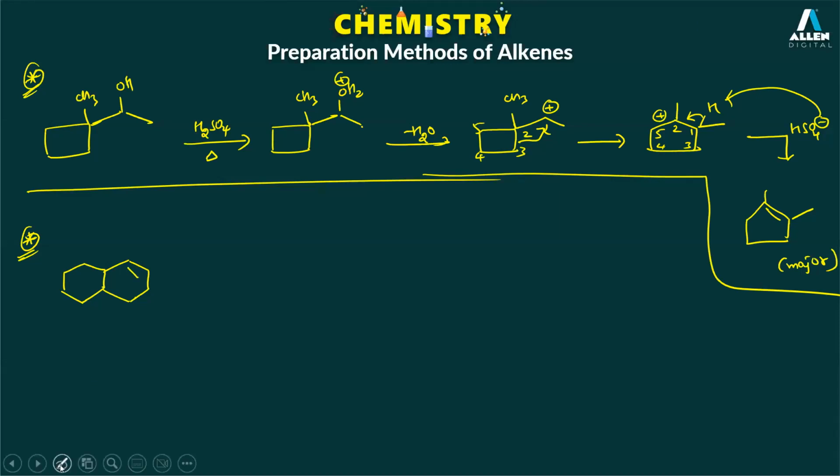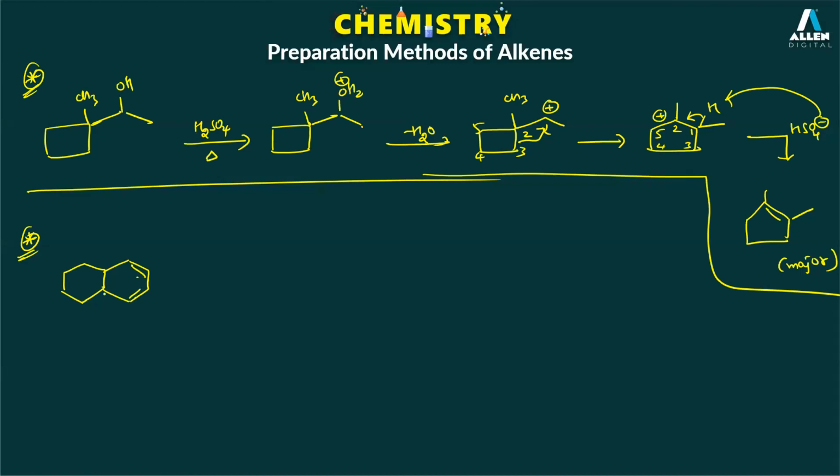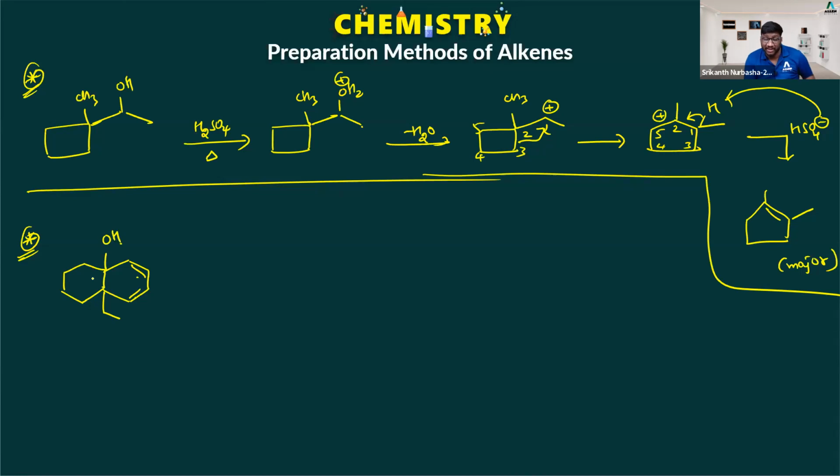What is the product, Faizan? Sir, it will be a benzene ring. That second one. Second one is benzene ring. How come? Sir, OH minus will be removed, then resonance will take place. Yes, very good. That will be a benzene ring.